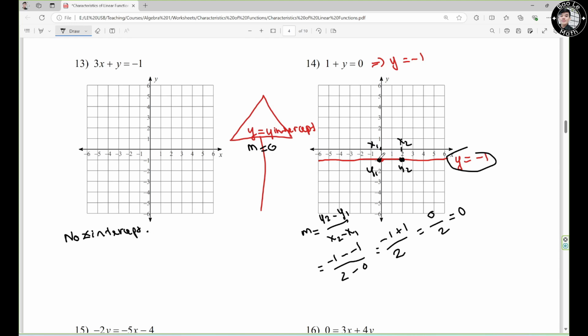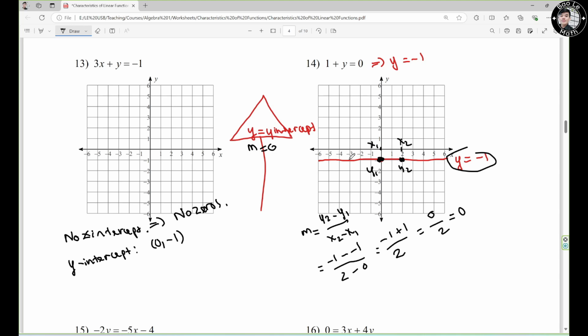And the y-intercept should be this guy right here. Alright, so y-intercept is going to be 0, -1. Because there is no x-intercept, which means we have no 0, right?